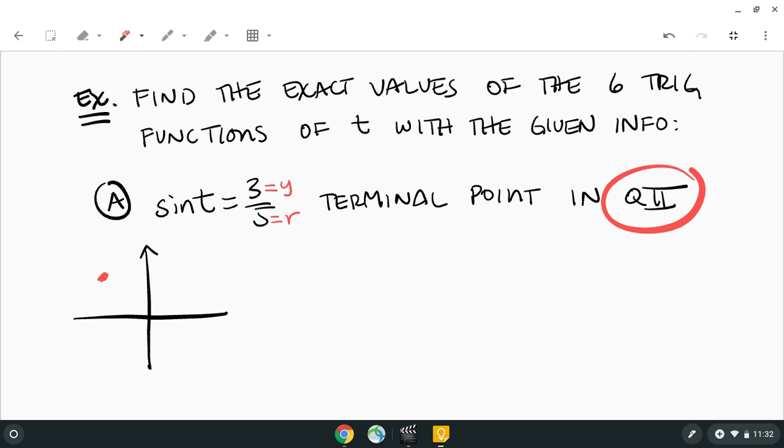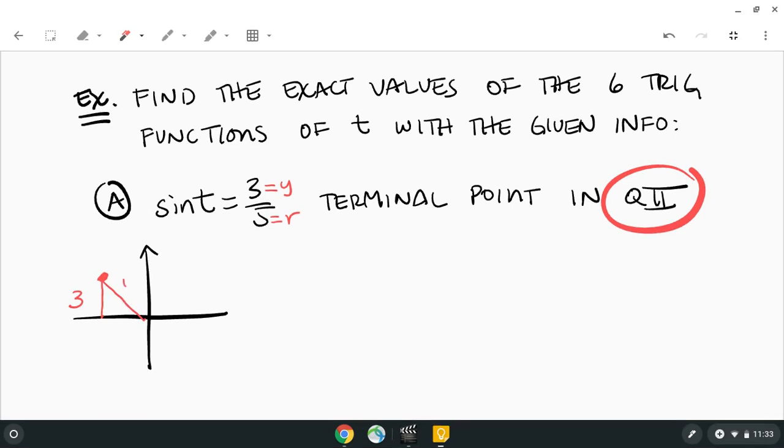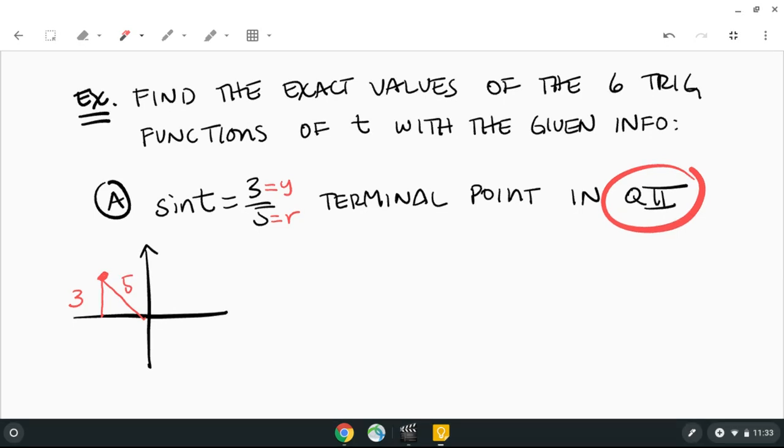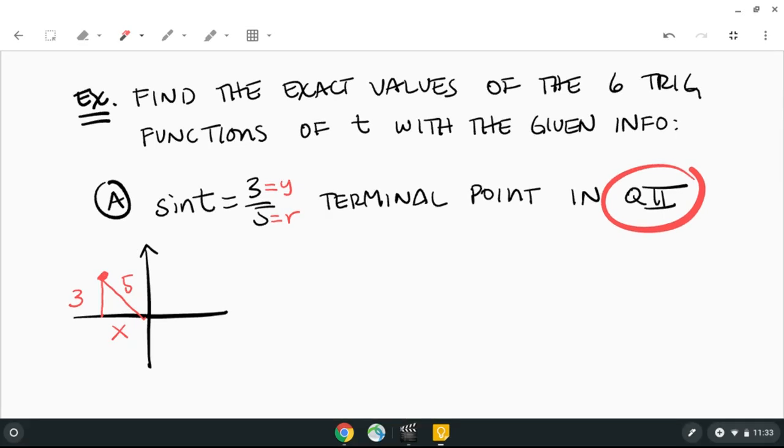But I do know that my y value is 3, and my radius, r, is 5. And this is the one I don't know, but I can find that using the Pythagorean theorem.